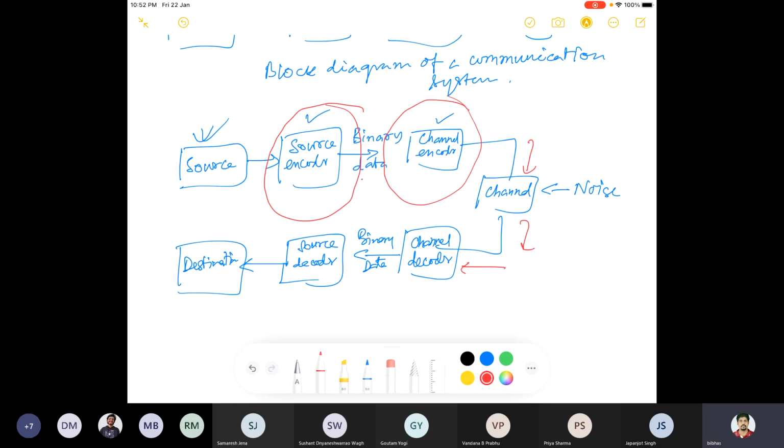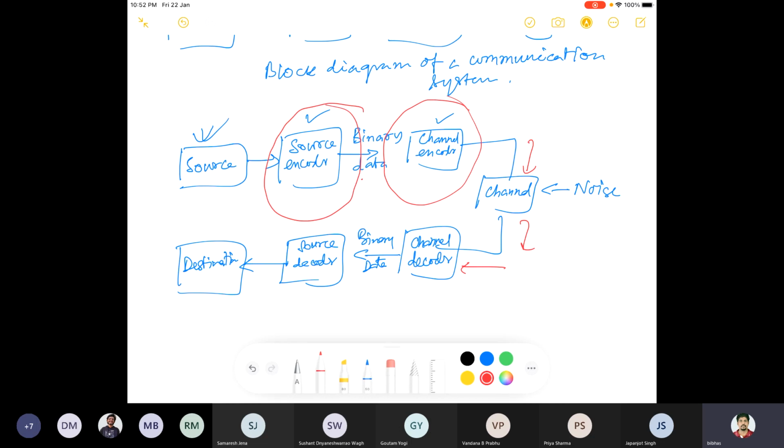Due to the noise, when you transmit a string of zeros and ones, some zeros can be flipped to one or some ones can be flipped to zero. Then the channel decoder has to give the source decoder, with high probability, the original binary data sequence. So this is also a major question.